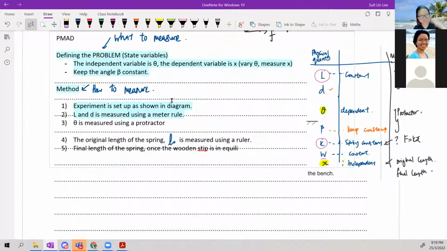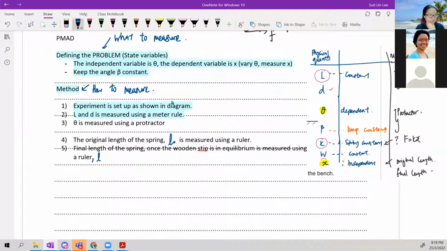Because when you hang it, it will oscillate a bit, right? Again, using a ruler. I think you write once is enough already, but you just make it a habit of whenever you want to measure something, you just make a note, use this to measure that.